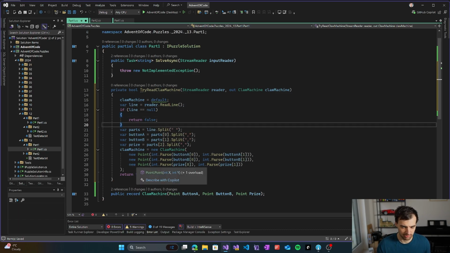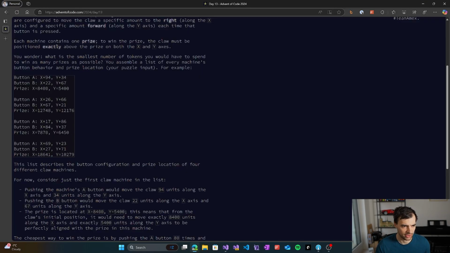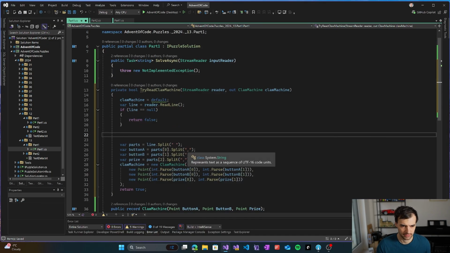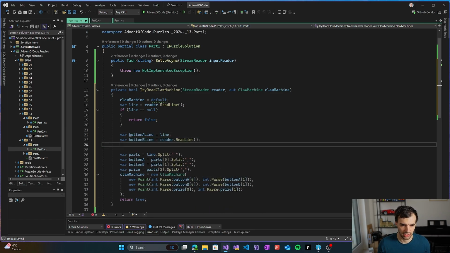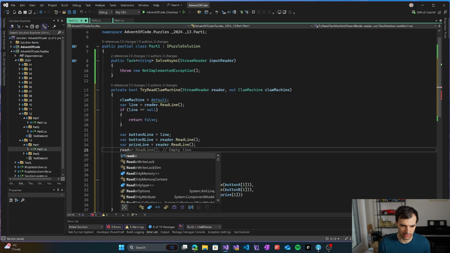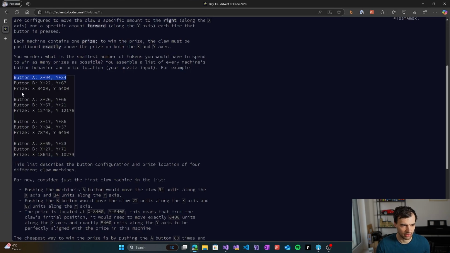But if it's not empty, then we will read the format here. First will be the button A line, then the button B line, and the price line. Finally, we need to read a line because there is an empty line at the end after each.